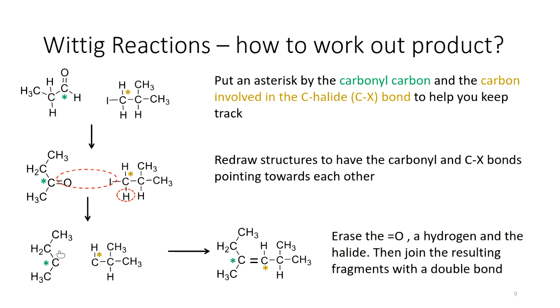We have our fragments. We have this 4-carbon fragment and this other 4-carbon fragment, and our double bond is going to be between these 2 carbons, and this is our product. So following those steps, it should be fairly straightforward to work out the product of the Wittig reaction.